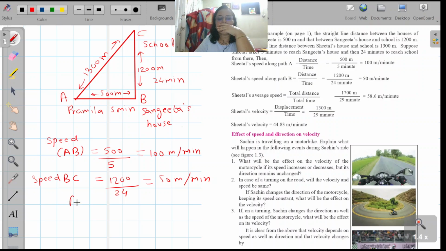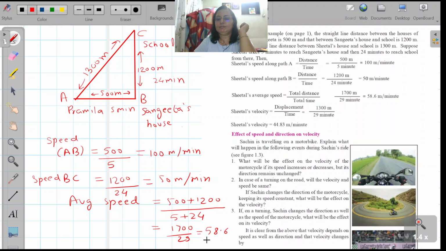But what is the average speed of Pramila? Total distance travelled is 500 plus 1200 divided by total time taken, which is 5 plus 24. So this comes out to be 1700 upon 29, which is 58.6 meter per minute.